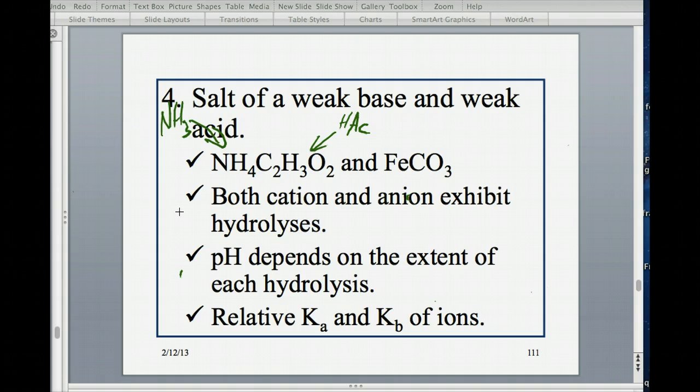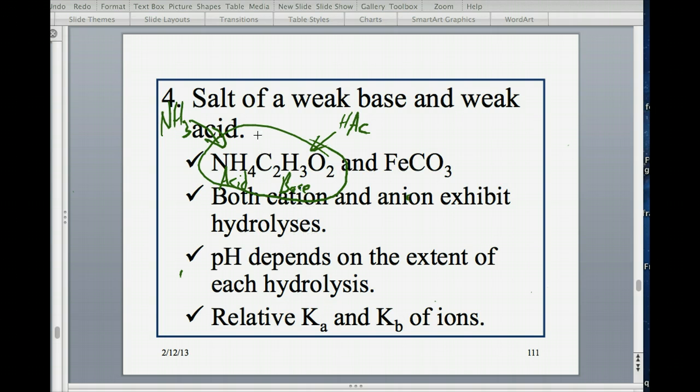Weak makes something. There's no way for us to tell without numbers who's going to win the battle. What I mean by that is that when you're plopping ammonium acetate into a beaker, you're basically adding an acid and a base. This is the acid, the NH4 plus 1, and this is the base, the acetate ion.